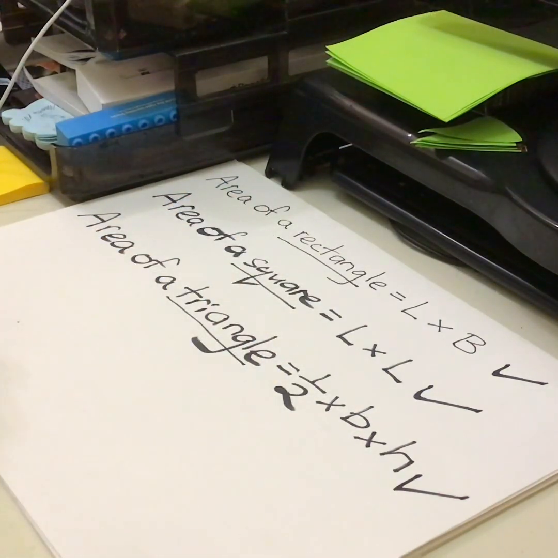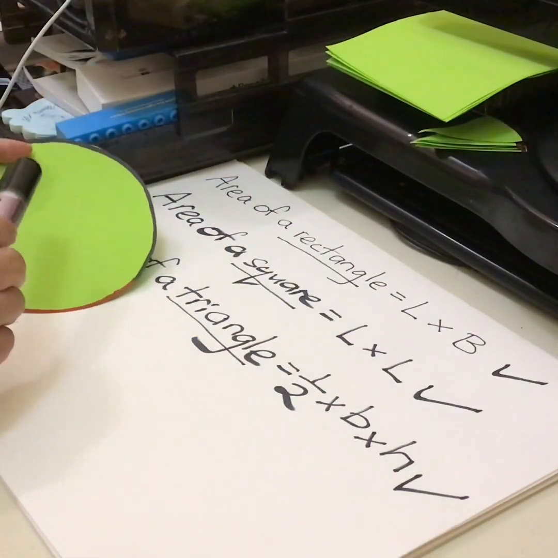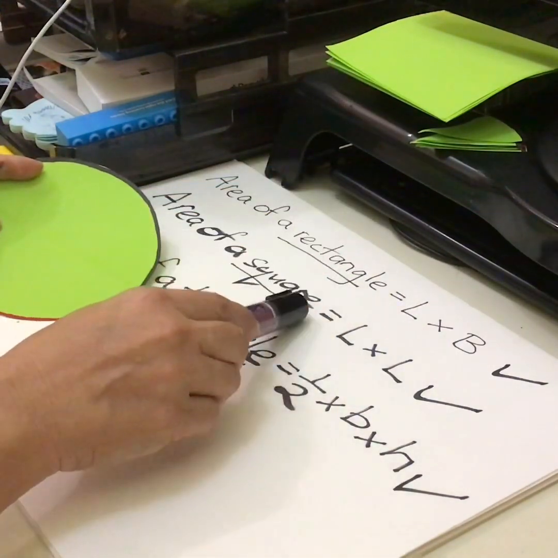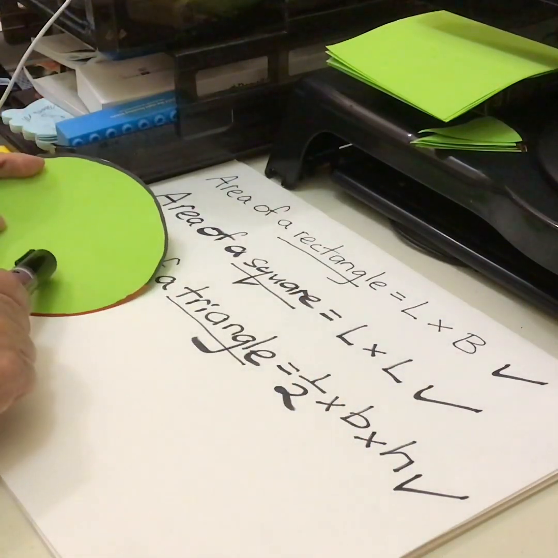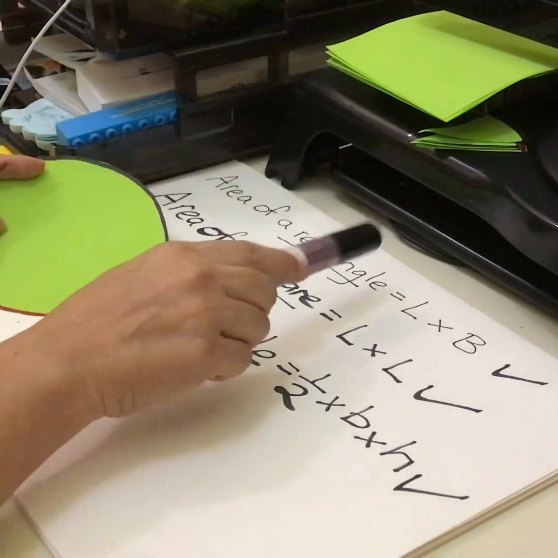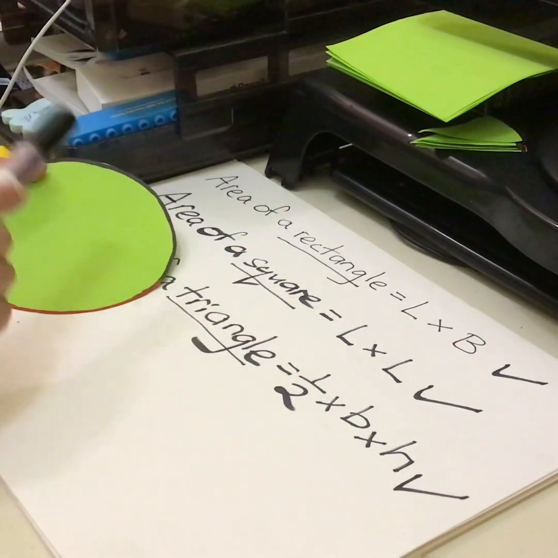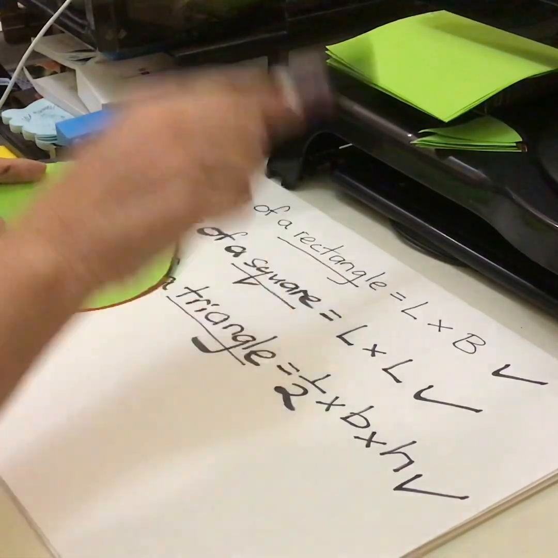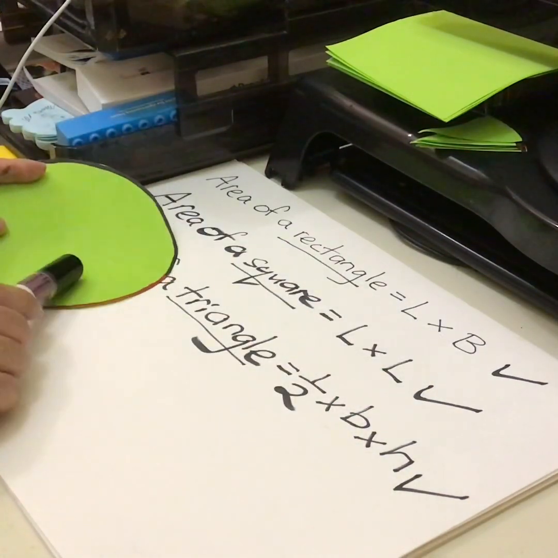So what we are going to do is try to make this circle into either a rectangle, a square or triangle, and then apply its formula to find the area of this circle. We're going to make use of the formula for finding the area of a rectangle. I'm going to show you how to transform this circle into a rectangle, and then how we are going to use this formula to find the area of the circle.